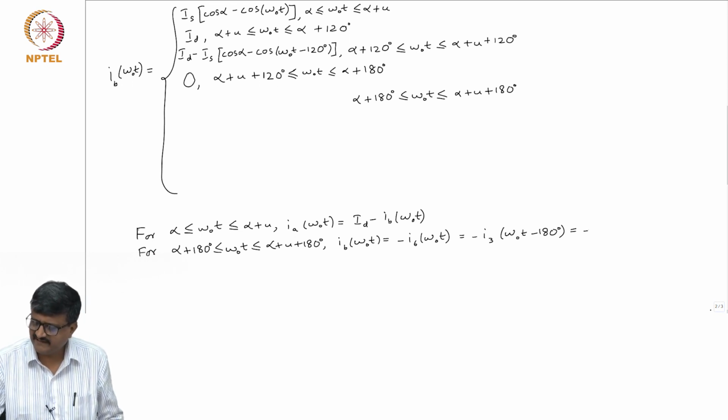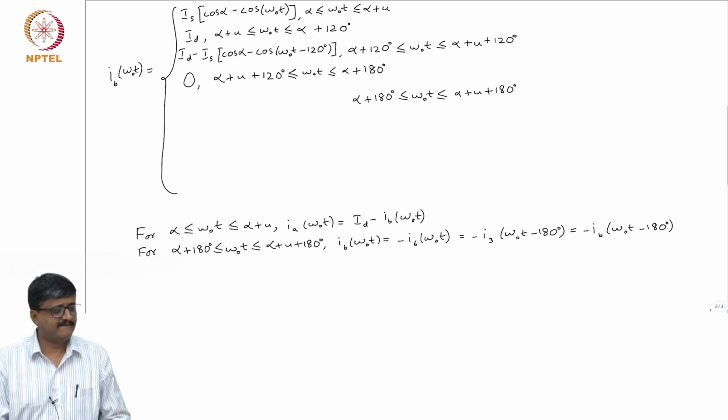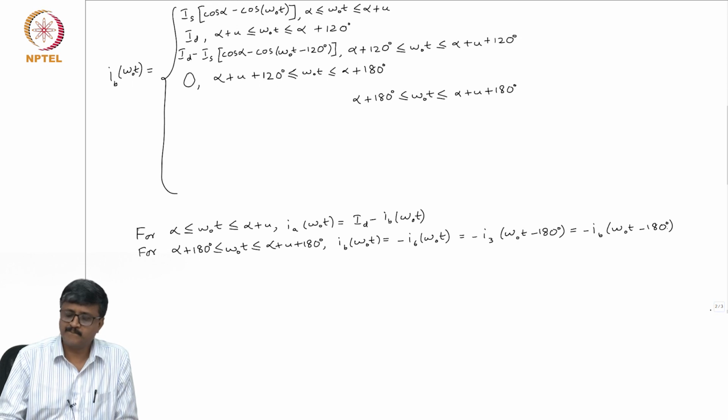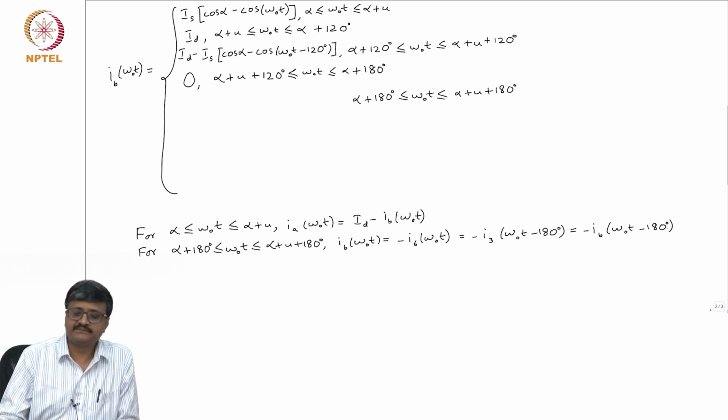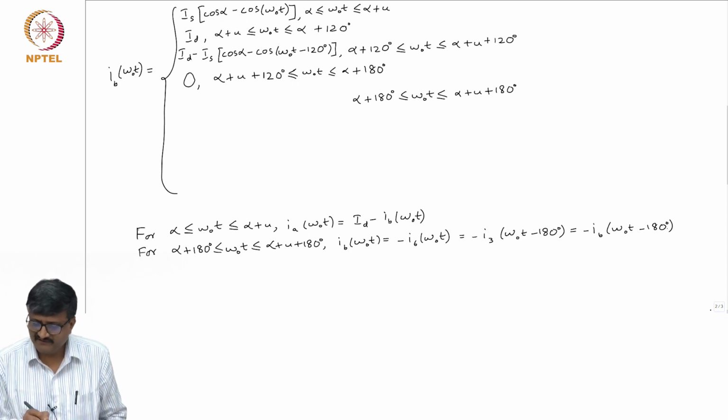So, can I say it is minus IB of omega OT minus 180 degrees? IB is equal to I3. Is that okay or not? Okay. So, now we have this expression.